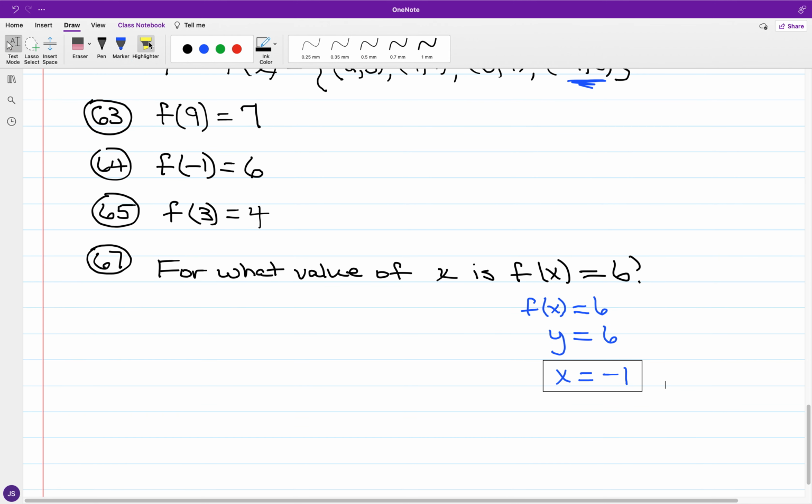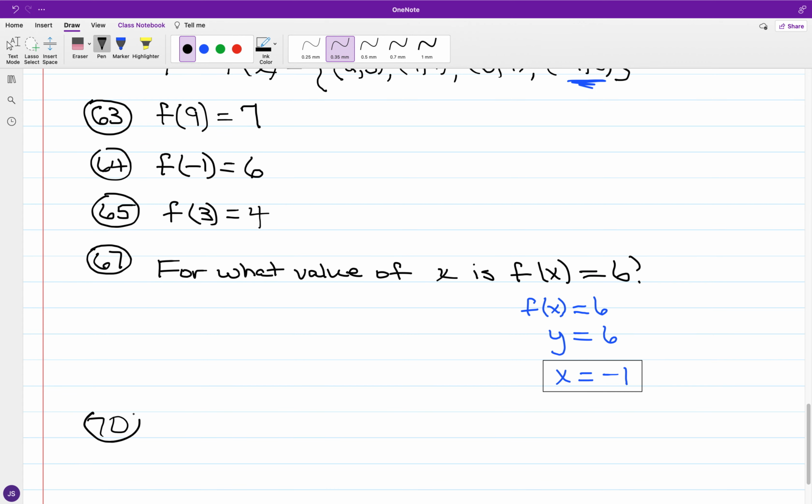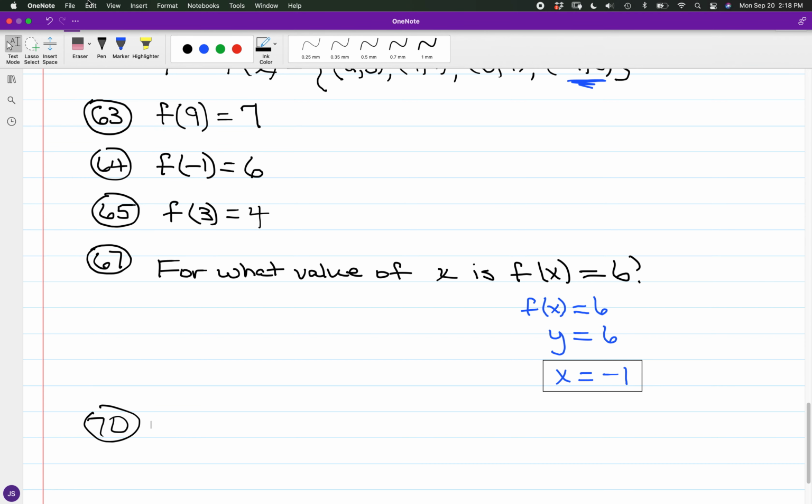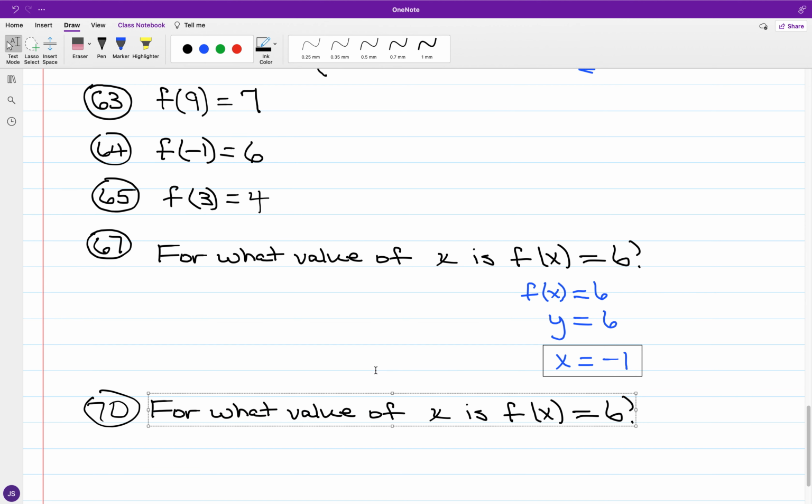And also throw in, for what value of x is f of x equal to 4?